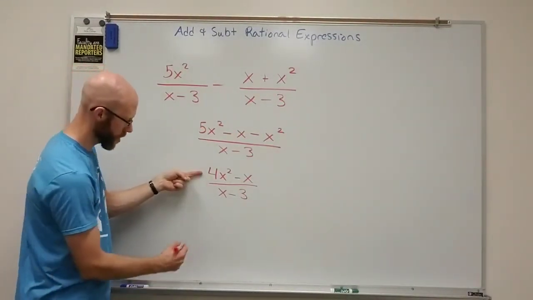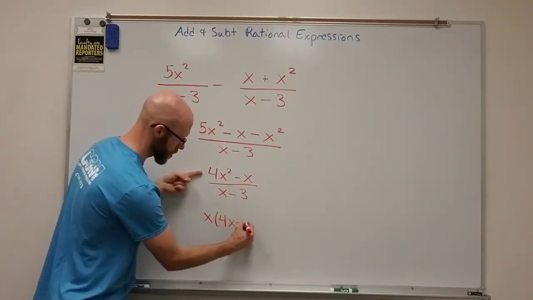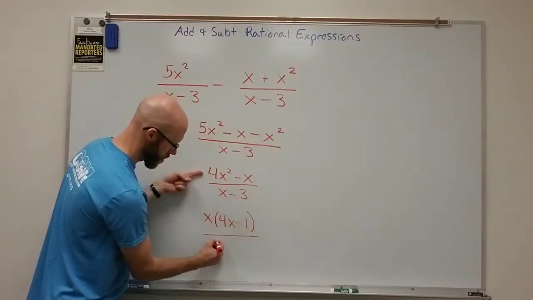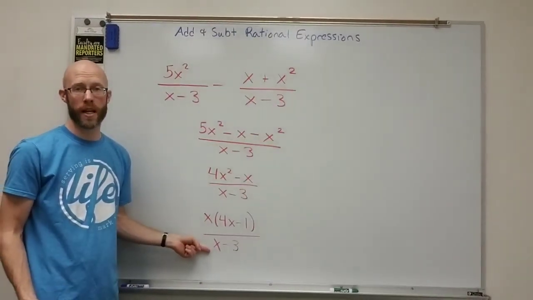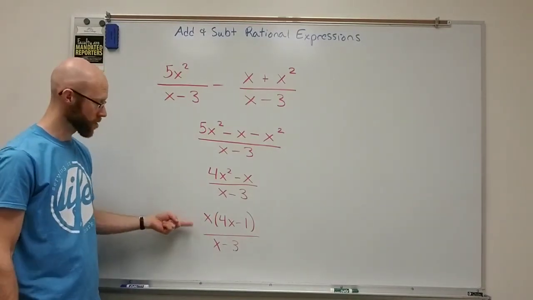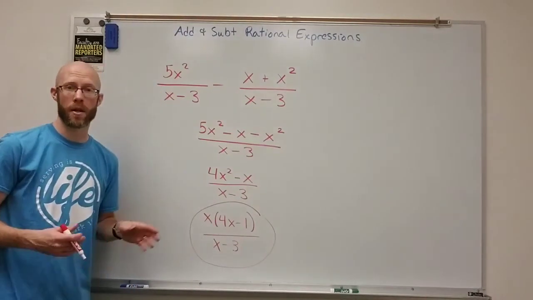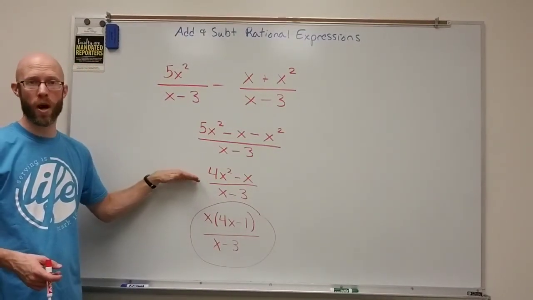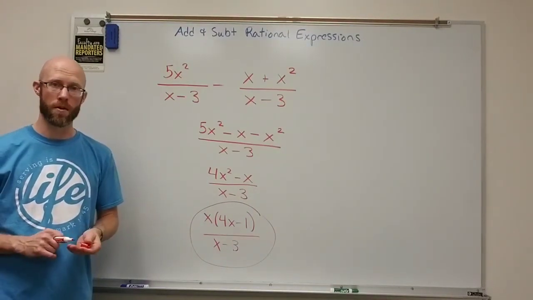The numerator here, I can pull out an x, leaves me with a 4x minus 1. And I have an x minus 3 on the bottom. At this point, I cannot reduce. I don't have any common factors to the top and bottom. And so this is going to be my final answer. Okay. Now I would accept this in the unfactored form as well because it doesn't reduce. So it doesn't really matter which form you choose there.